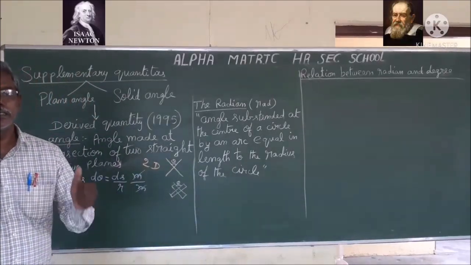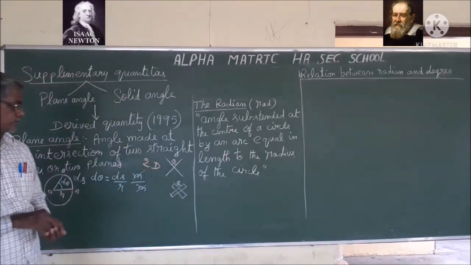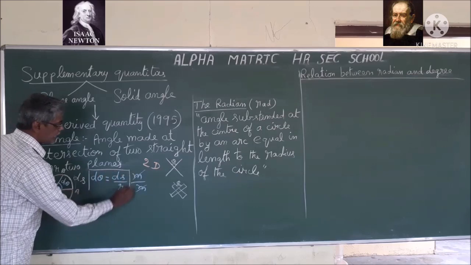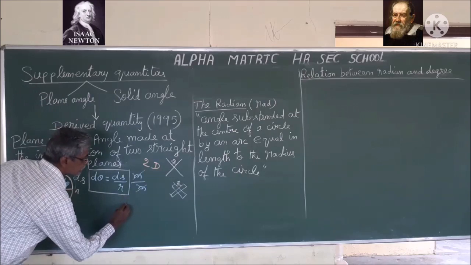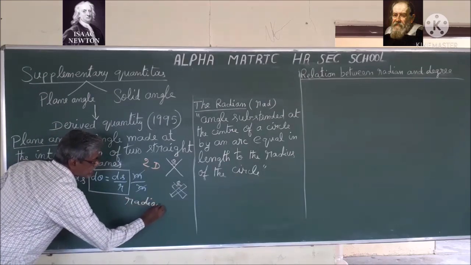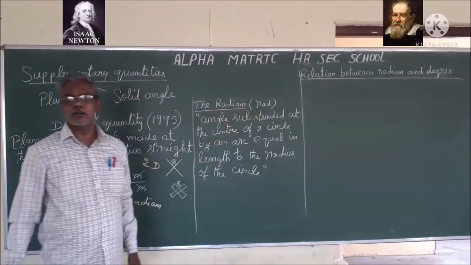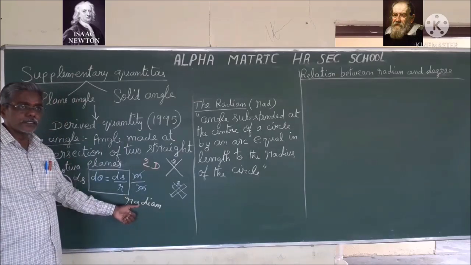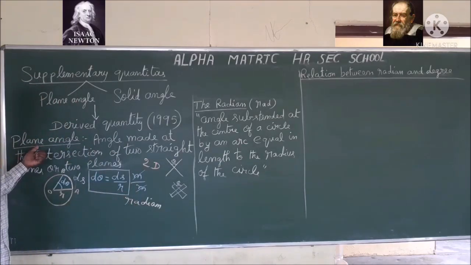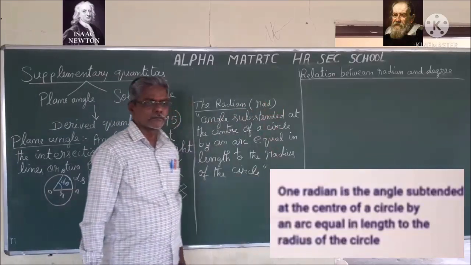But to specify the measurement, we give a specific name for this ratio, named radian, and the symbol is rad. This radian is the unit for plane angle. So what is the unit for plane angle? Radian, and the symbol is rad.